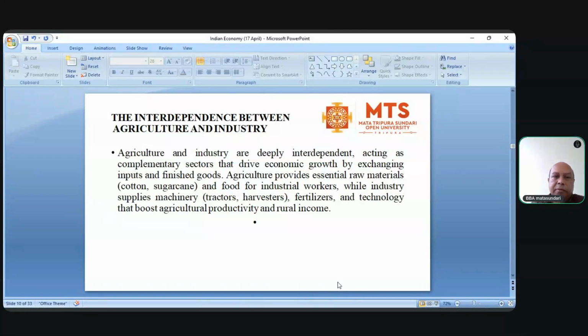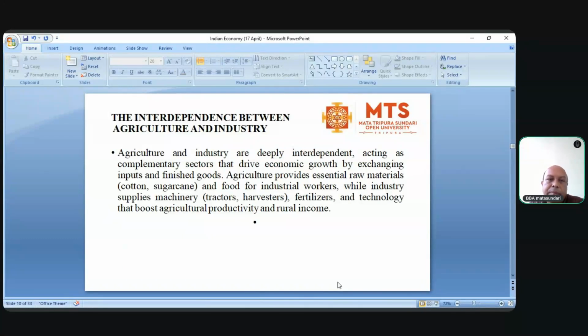Many times the agriculture sector provides raw material for the industrial sector, and many times whatever goods the industrial sector produces, those goods are consumed by people who are involved in the agricultural sector.